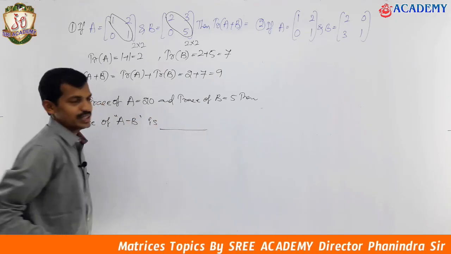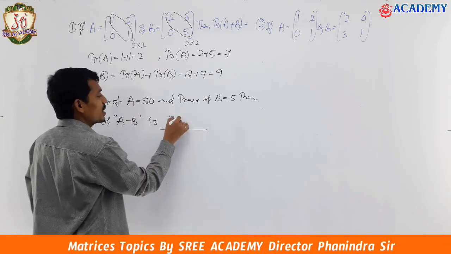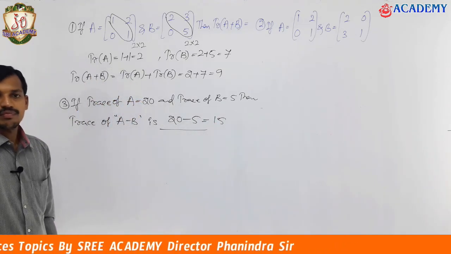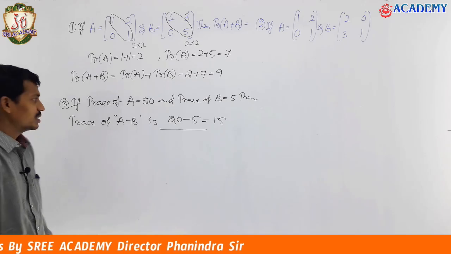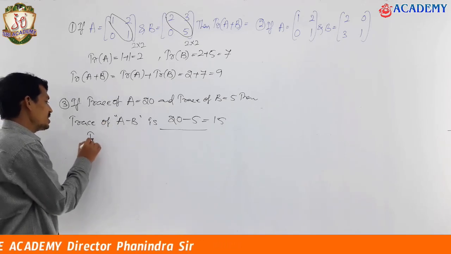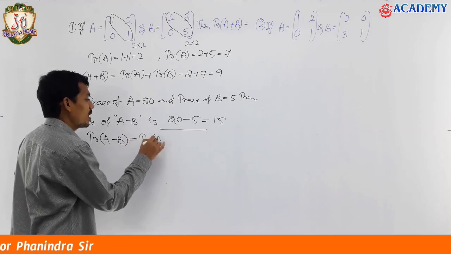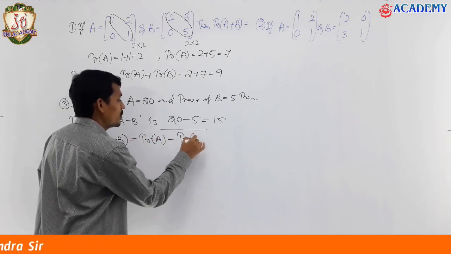Simply 20 minus 5, that is 15. We can say it directly by using the property: trace of A minus B is trace of A minus trace of B.